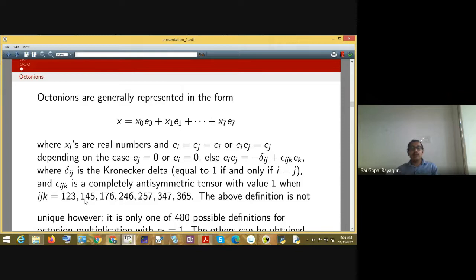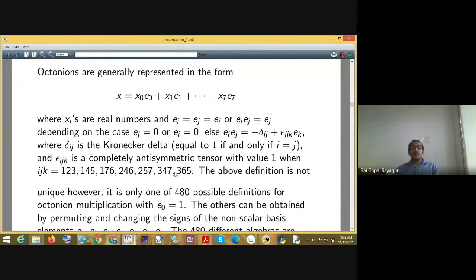Only for these seven ijk triples is epsilon ijk equal to 1. This property along with the ei ej product makes this an octonion.